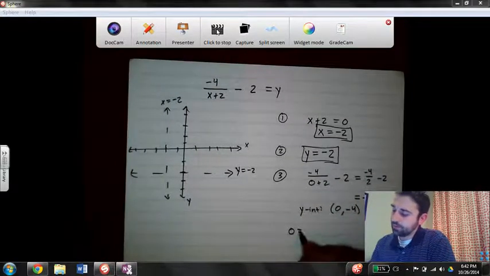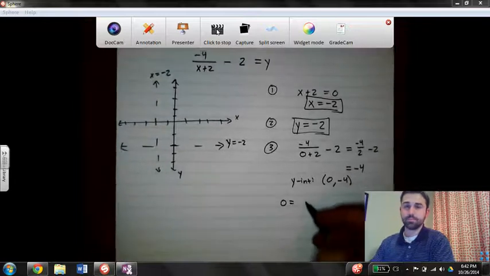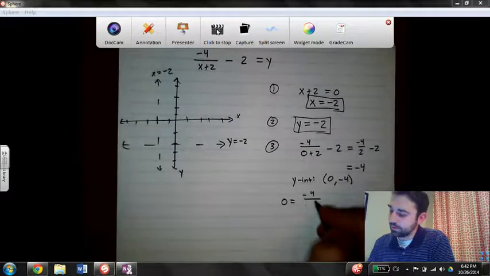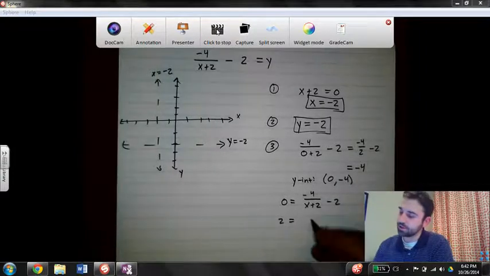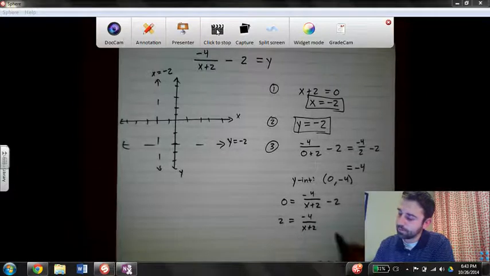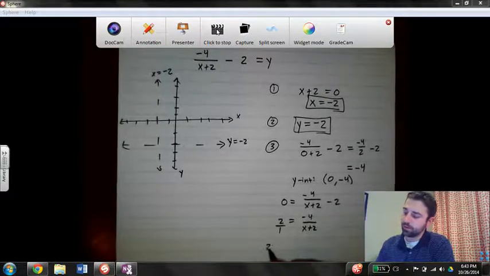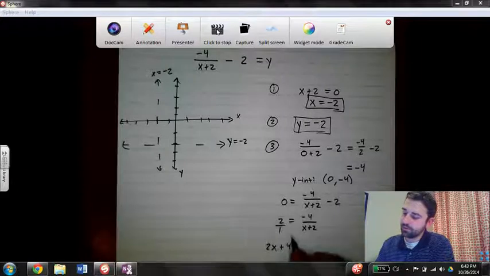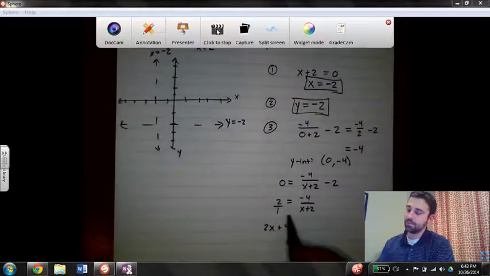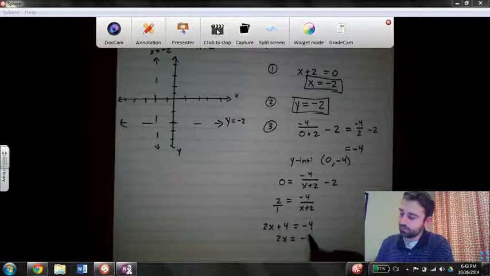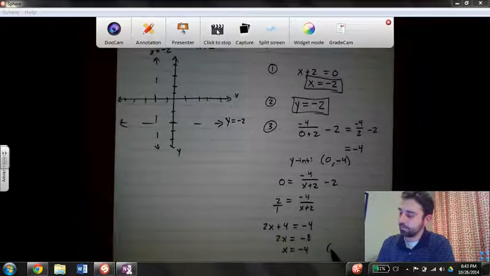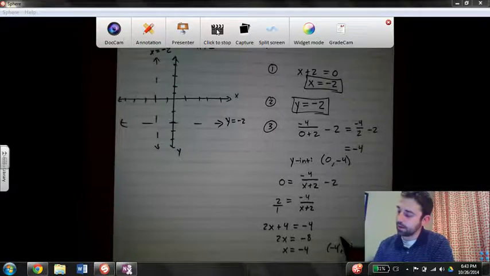And then set y equal to 0 and solve for x to find my x-intercept. So adding 2 on both sides, putting 2 over 1 so that I can cross multiply. Be very careful when we're cross multiplying here to make sure we're distributing the 2 to x and 2. And so I can plot my x and y intercepts.